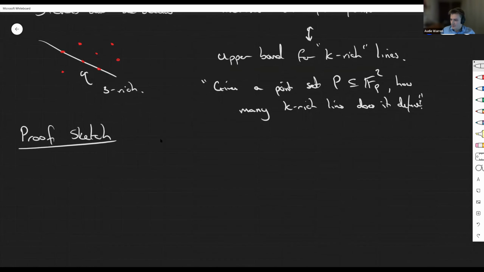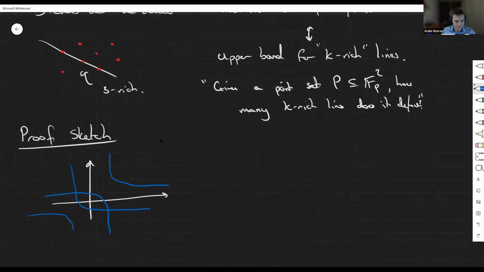So the proof, like I said before, the main idea going into it is very simple. Let me draw a picture here. Here we have a set T of Möbius transformations. Like I said before, they look like hyperbolas. Now, how are we going to deal with this?